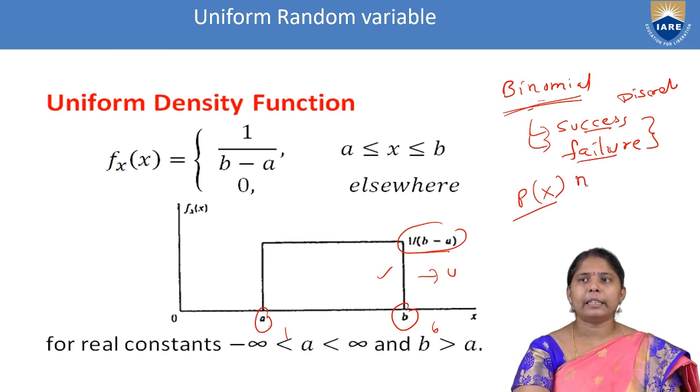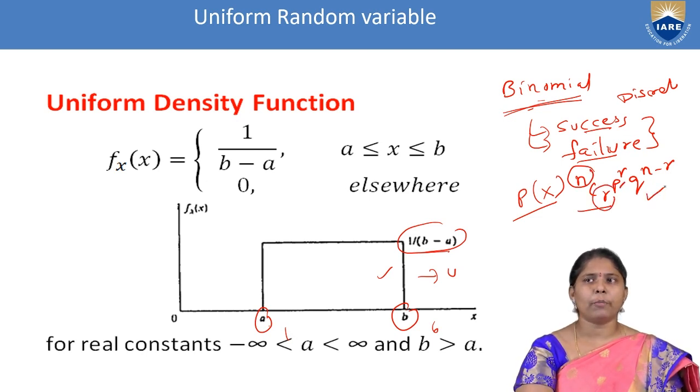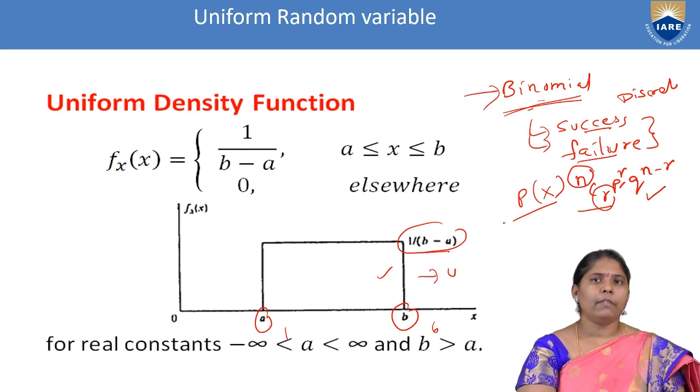This can be written as nCr, p power r, q power n minus r. Here n is the number of times the experiment is repeated, and r times success comes. So if only two outcomes are there, success or failure, and we want to calculate the probability for these types of experiments, we can use the binomial random variable.